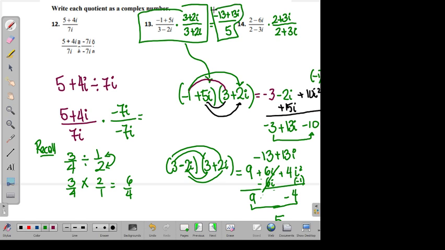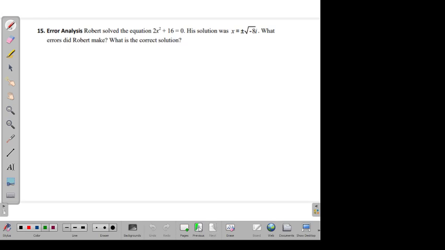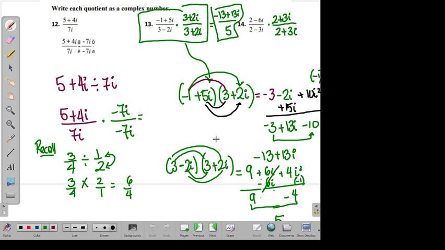Wow. All that for that, right? Because this is an imaginary number. This is a different world now. This is the end. I don't want to talk about that question. You can do the last one by yourself.